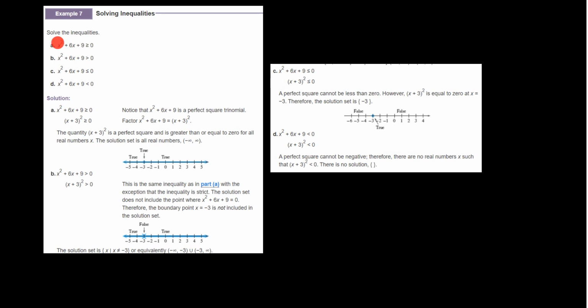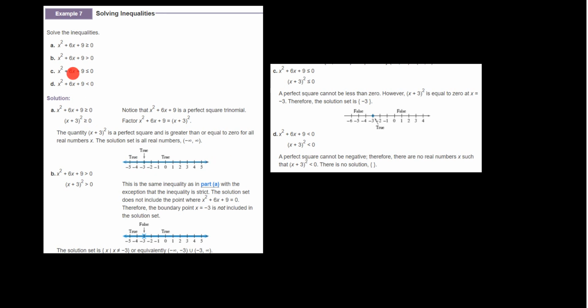Of course, we see here it is a perfect square, x plus 3 squared, and it can equal 0 at negative 3. But at no point will it ever be less than 0. And so every single possible number will work.